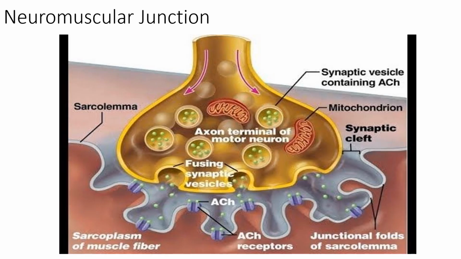So how does all of this begin? Where do we get the signal for a muscle to contract? We know that skeletal muscles are voluntary muscles, which means that we have conscious control over them. So I decide when to pick something up, when to take a step. But the signal comes from something called a neuromuscular junction.